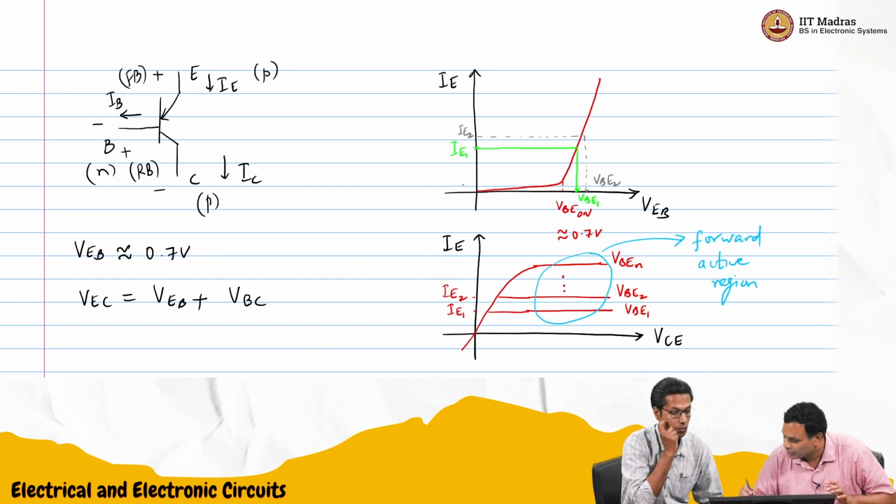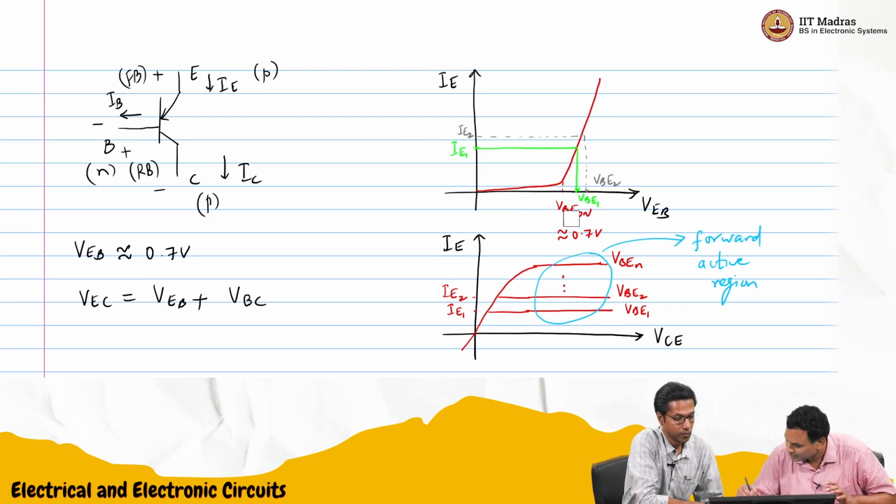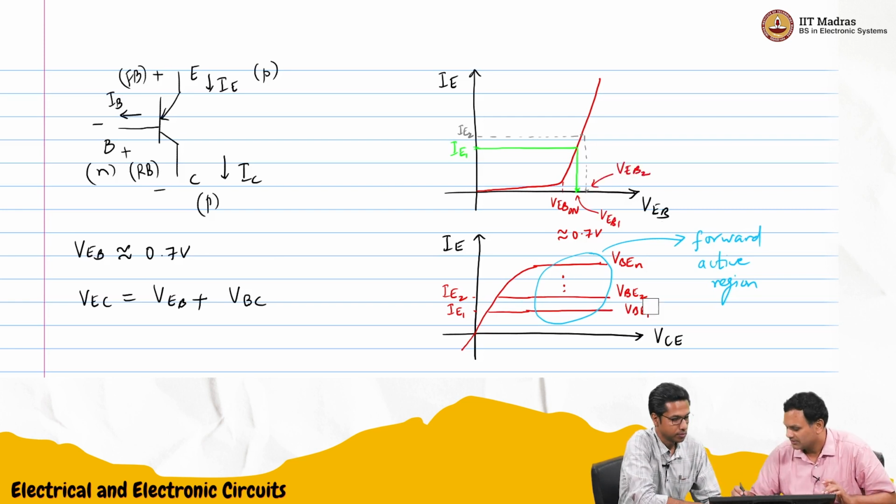So now this is all VEB. VEB1 and 2. So this will be VEB1. This is VEB. Same thing happens here.